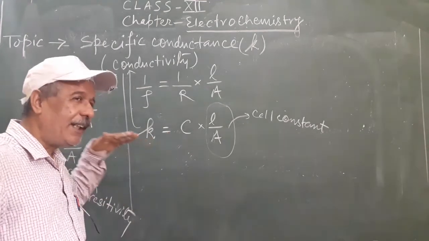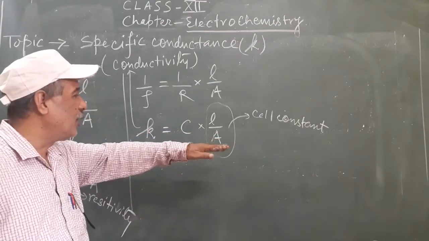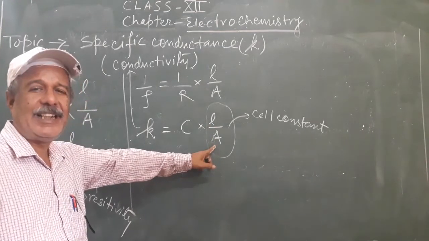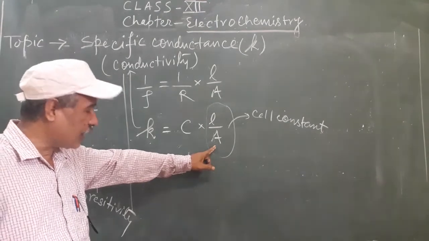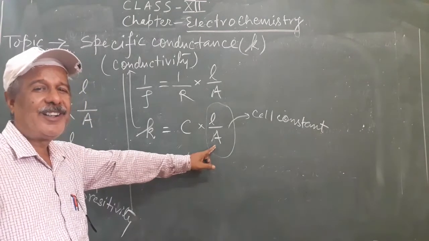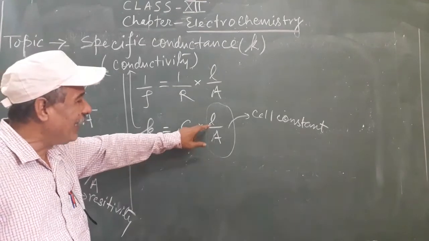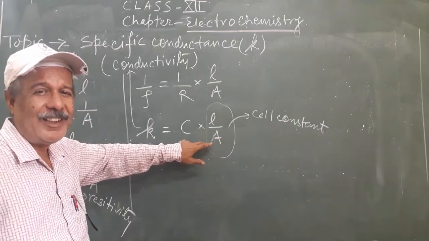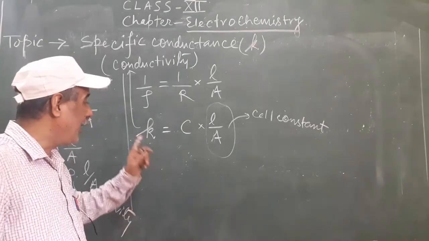That is, the quantity or magnitude of current passing through a wire of unit length and unit cross-sectional area is known as a specific conductance or conductivity. Or if the length is 1 and area is 1, what does it mean? It means volume is 1.